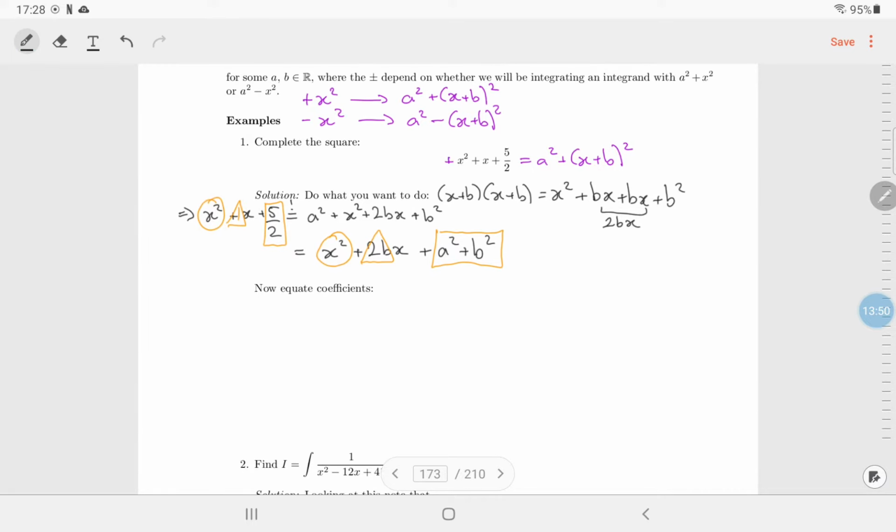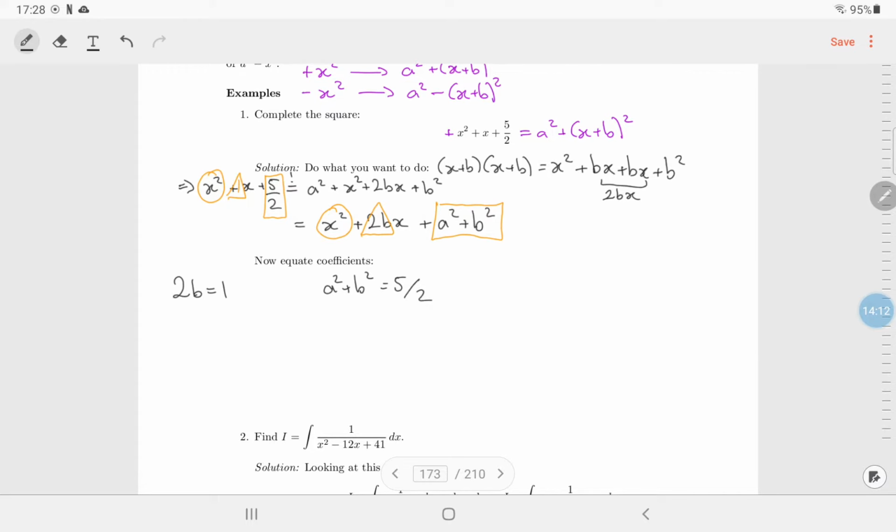You'll see there are actually two ways, but again, you're going to pick a and b. So set 2b equal to 1 and a squared plus b squared equal to 5 over 2. The first equation is very simple. You just divide both sides by 2 to get b equal to a half.